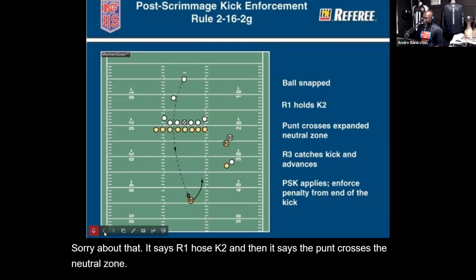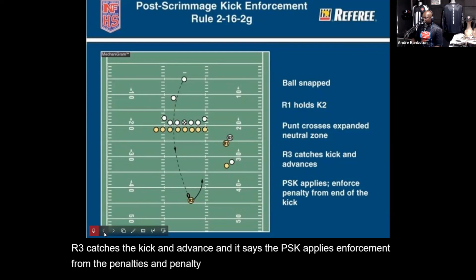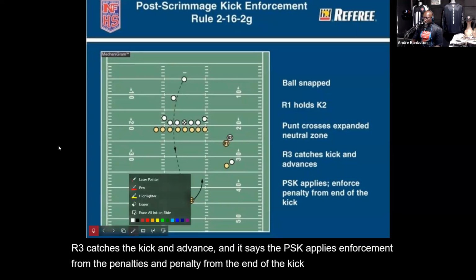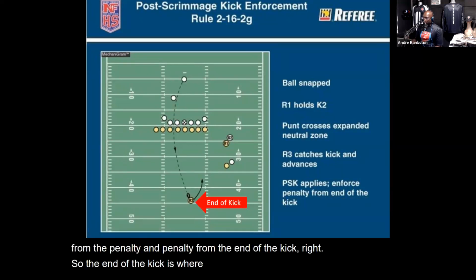R3 catches the kick and advances. And it says the PSK applies, enforcement from the end of the kick. All right. So the end of the kick is where R3 gains possession of the ball.